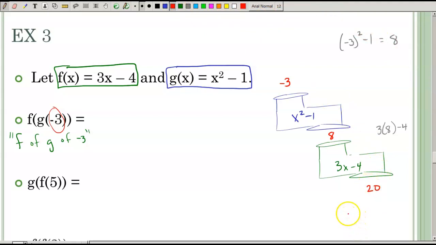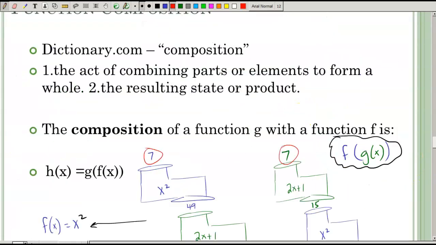So the answer here, f of g of negative 3, is a composition, and you basically do the inside first. You're taking g of negative 3, plugging negative 3 into g, just like the warm-up we did.